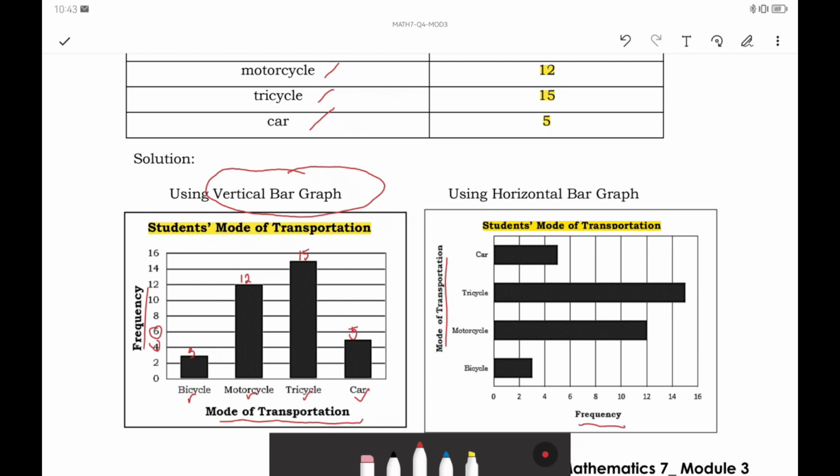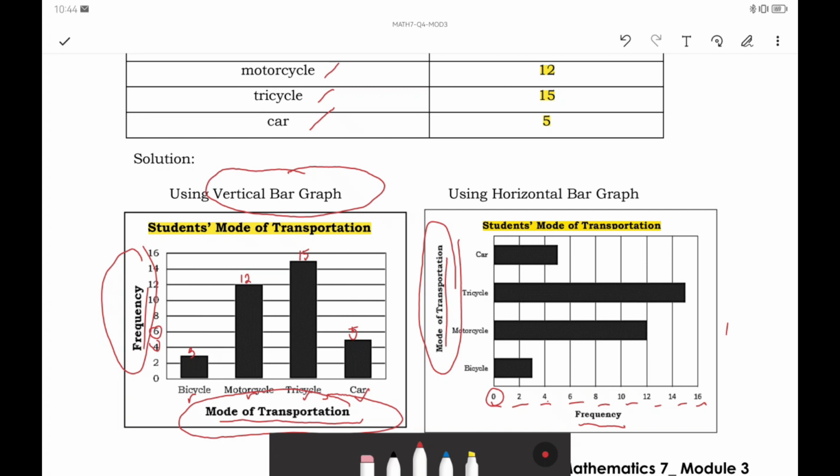In a vertical bar graph, mode of transportation is on the x-axis, while here the mode of transportation is on the y-axis. And we can show here the frequency 0, 2, 4, 6, 8, 10, 12, 14, 16. Same with the vertical bar graph.